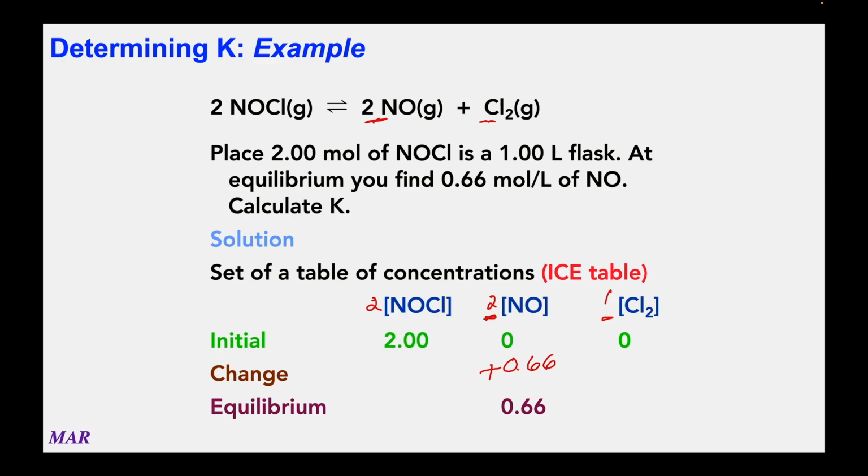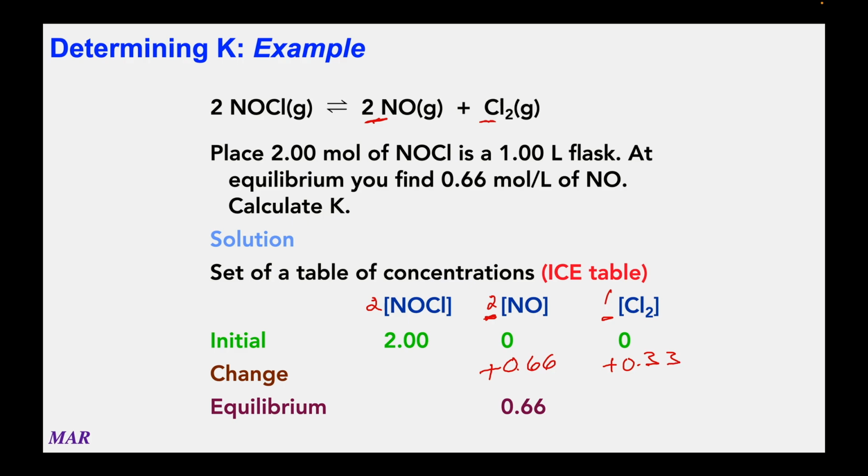So you could write 0.66 moles NO per liter, then have 2 moles of NO on the bottom and 1 mole of Cl2 on the top. Kind of like a grams, moles, grams thing, but just the moles to moles part. If 2 moles of NO are created, that means 0.33 moles per liter of chlorine were created.